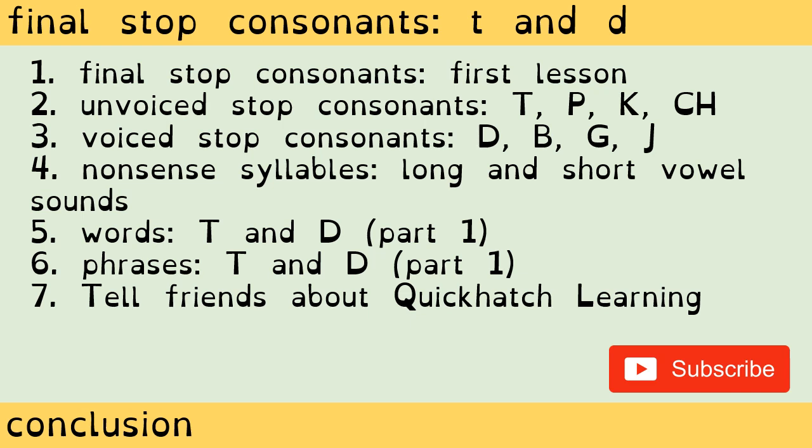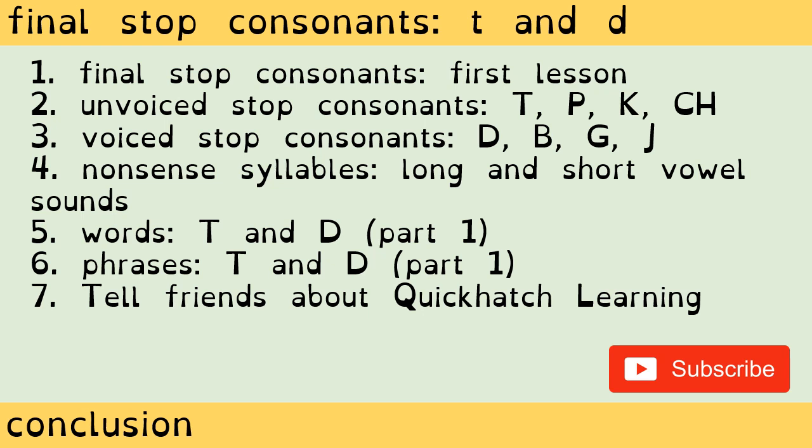This is the end of the lesson. Let's sum up what we have covered today. 1. Final stop consonants, first lesson. This is our first lesson working on final stop consonants. 2.